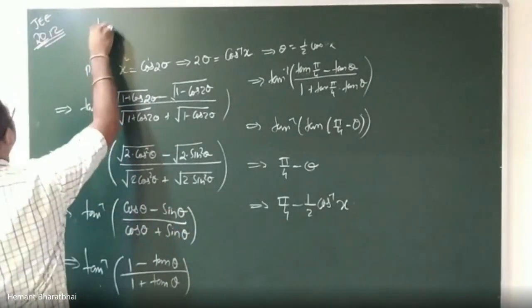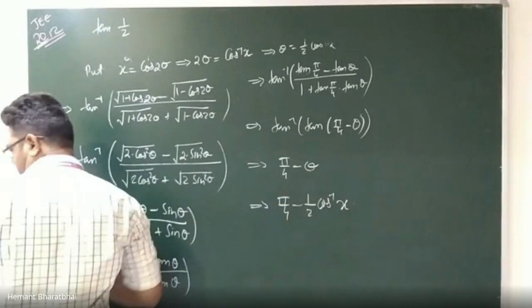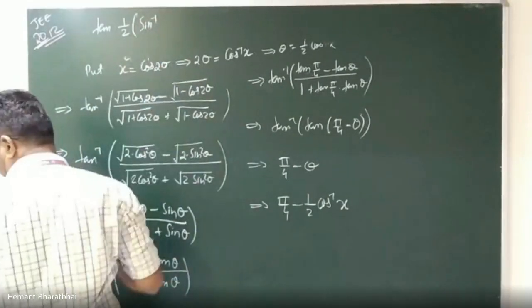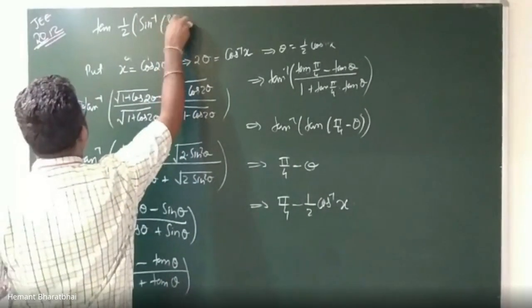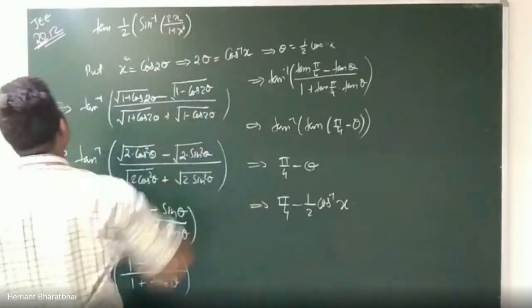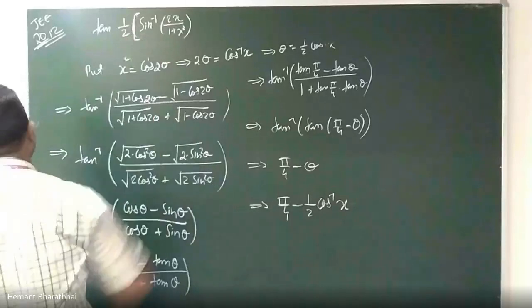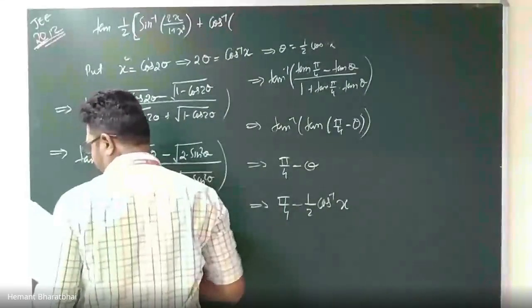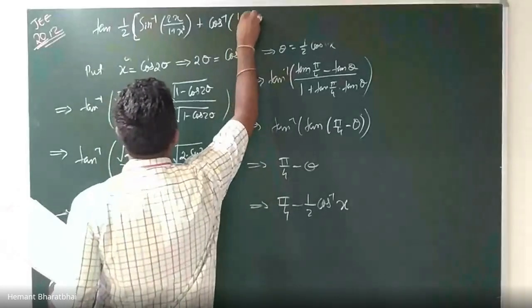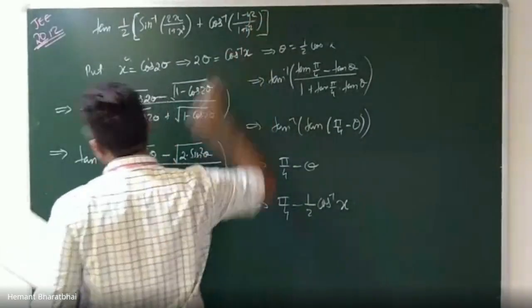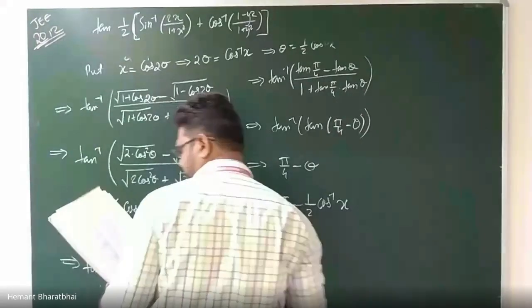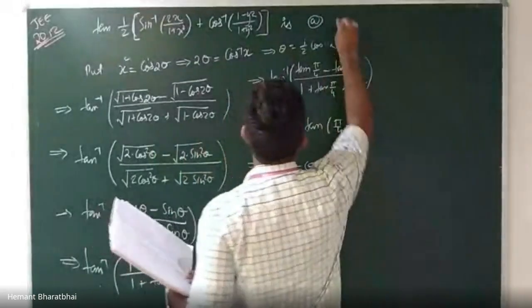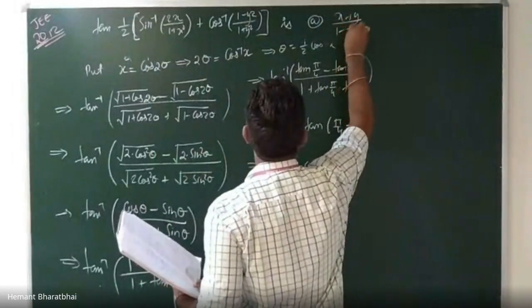So next is tan of 1 by 2 into sin inverse of 2x upon 1 plus x square plus cos inverse of 1 minus y square upon 1 plus y square is: option A, x plus y upon 1 minus xy.